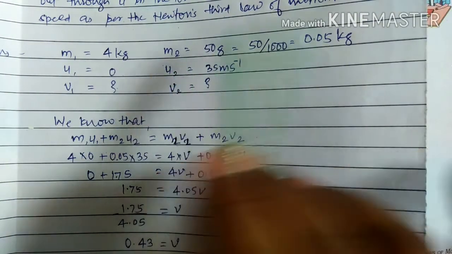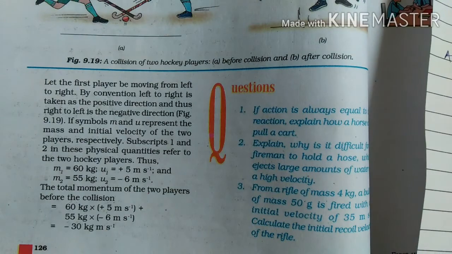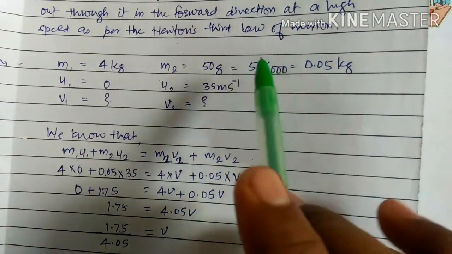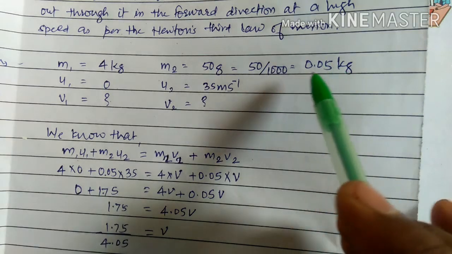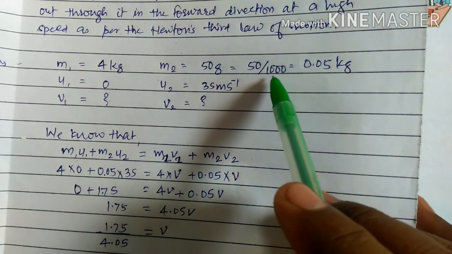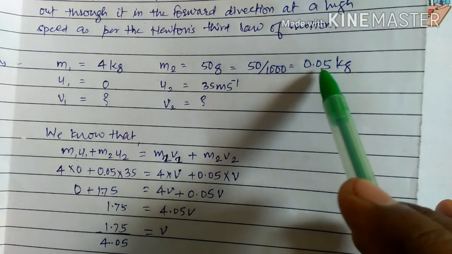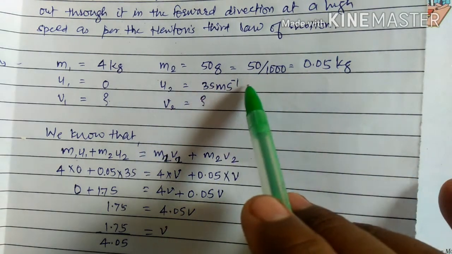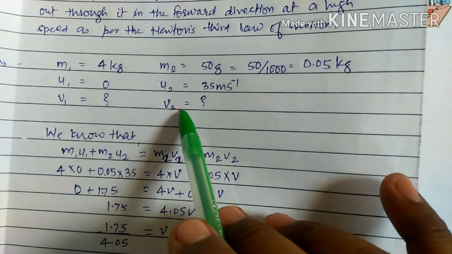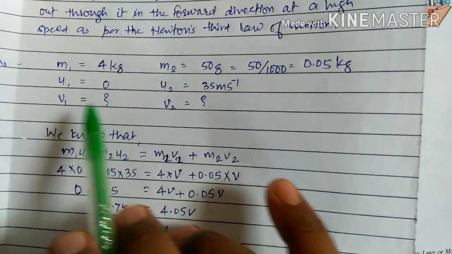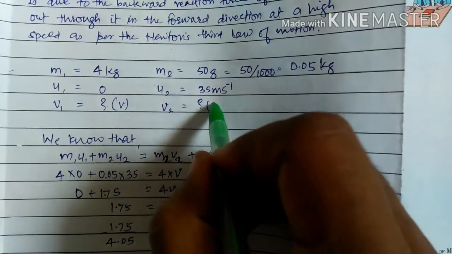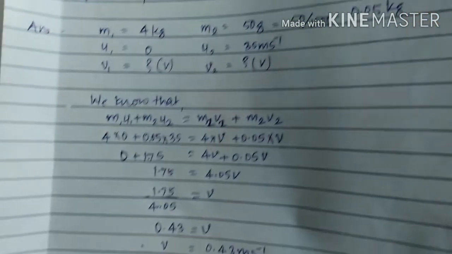Second, the mass of the bullet is 50 gram. We have to convert it into kilogram, means divide by 1000, it becomes 0.05 kilogram. Initial velocity 35 meter per second, and we don't know the final velocity. Now two velocities are there, but we will take only v, because we have to calculate only the velocity.